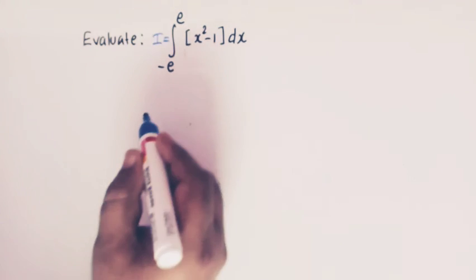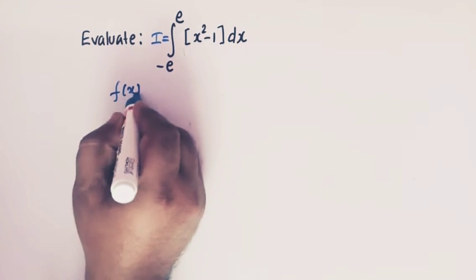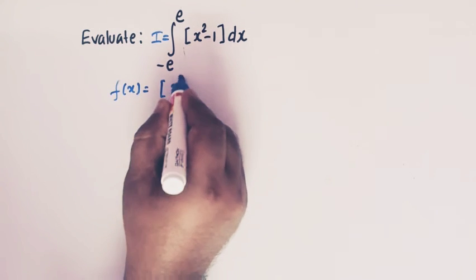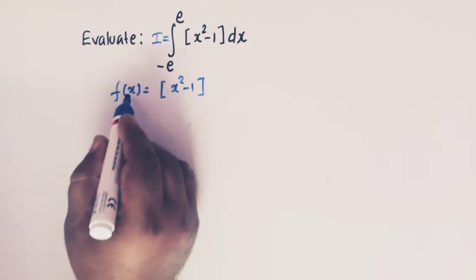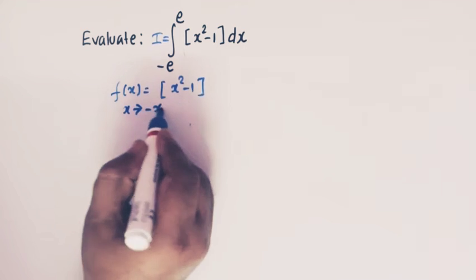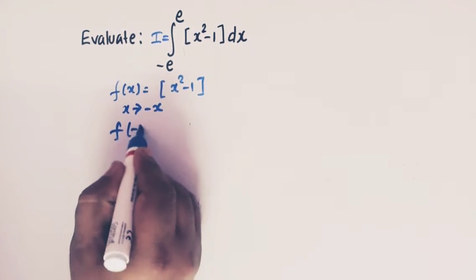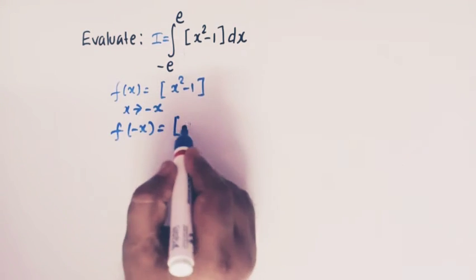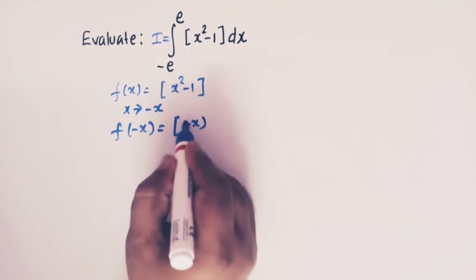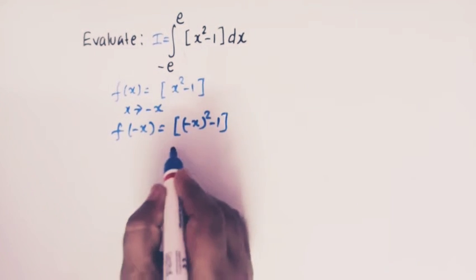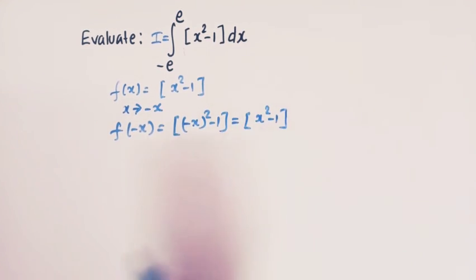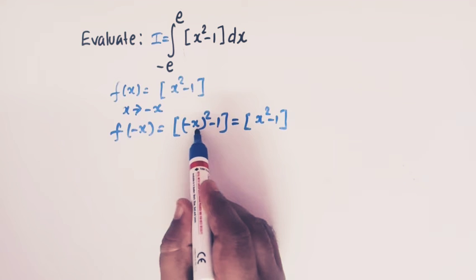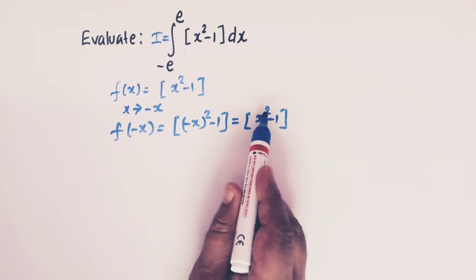Now let us take f of x equal to the greatest integer of x square minus 1. If we replace x by minus x, then f of minus x is equal to the greatest integer of minus x square minus 1, and this is simply x square minus 1, since minus x square is equal to x square.